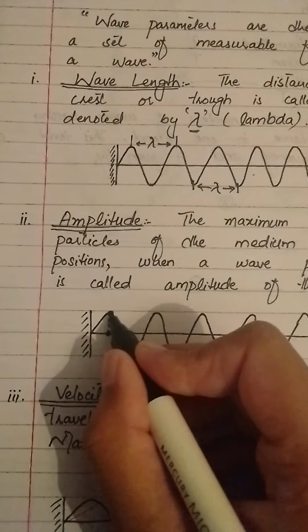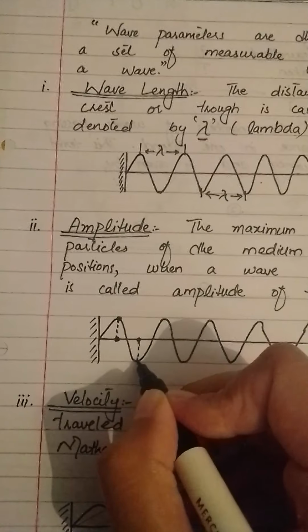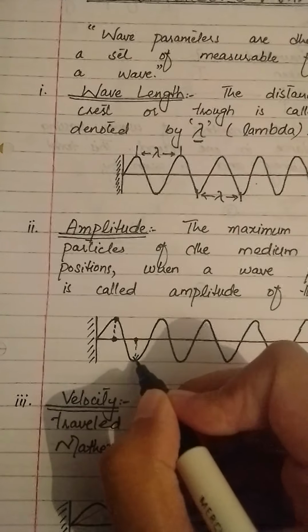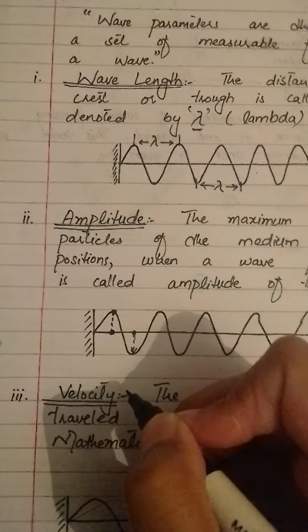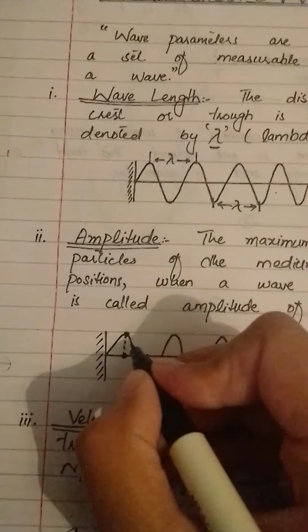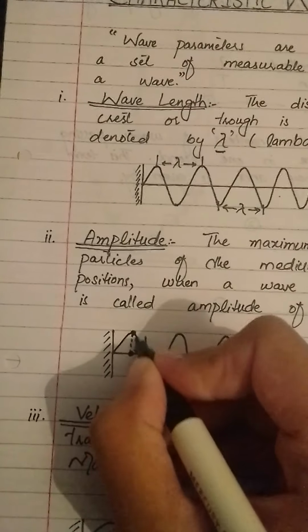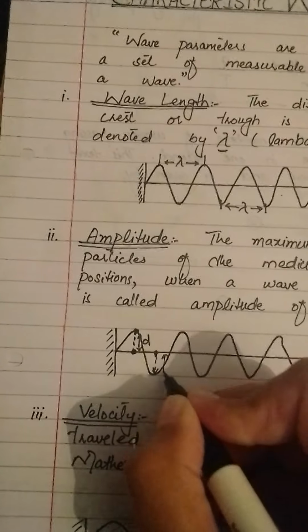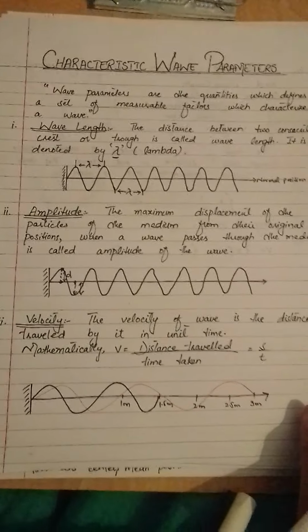Let's suppose this is the upward direction, then this particle can travel downward in this direction, but this distance would be the same. Okay? So the maximum distance would be d, which is this distance. Okay, this applies to the whole wave.